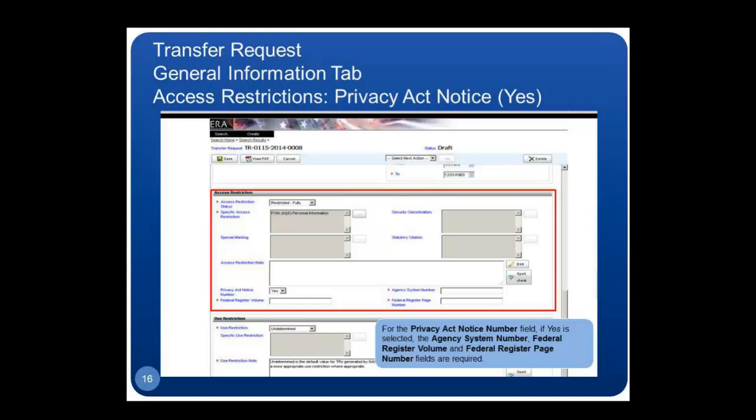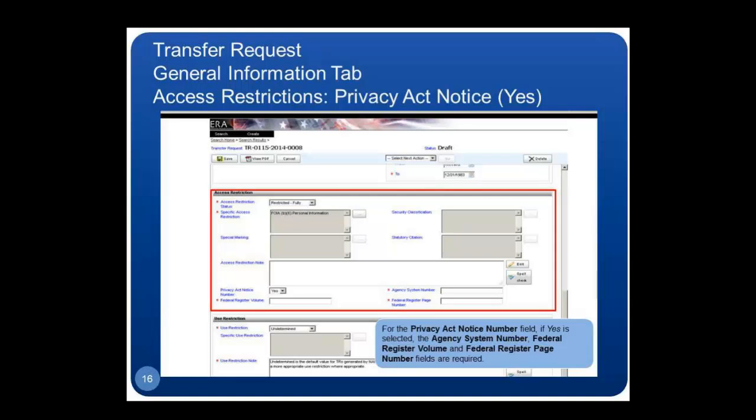That is how a system of records covered by the Privacy Act is established. It has to be published as such in the Federal Register. So we're asking for the SORN number and the publication information in the Federal Register. And if I remember correctly, most SORN notices probably would include that. Is that right?